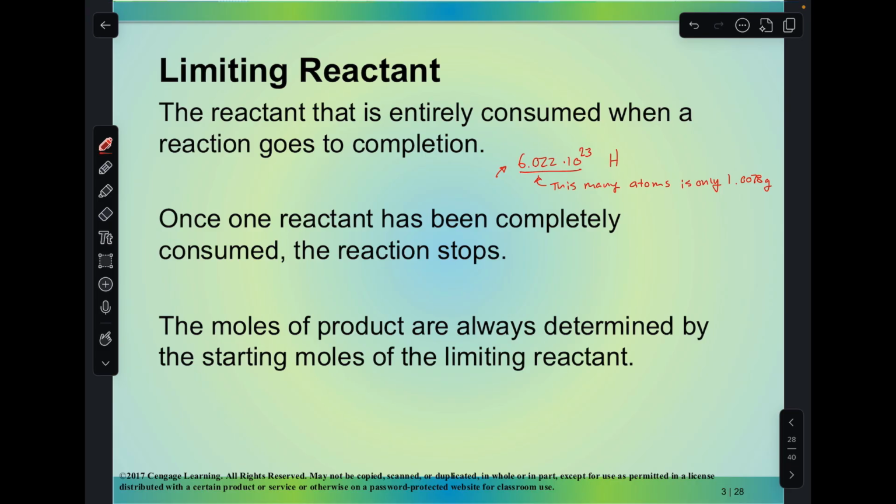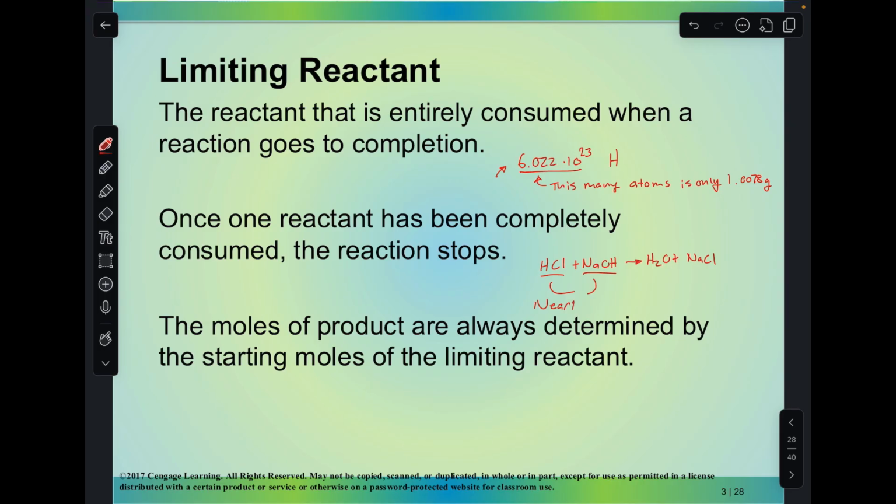And not only would you have to do that once, but you'd have to do it twice. So even in a reaction where you'd say HCl plus NaOH, getting this number and this number, going to H2O plus NaCl, getting this number and this number to be exactly the same is going to be nearly impossible.